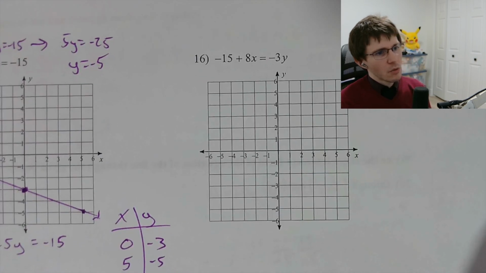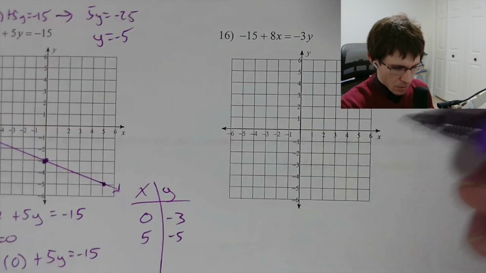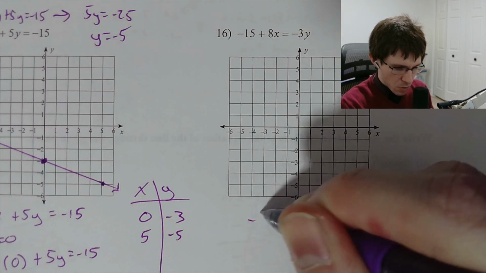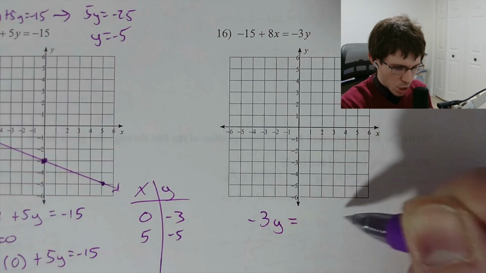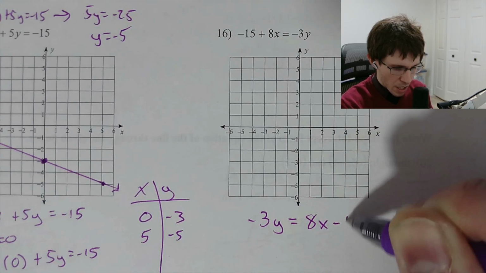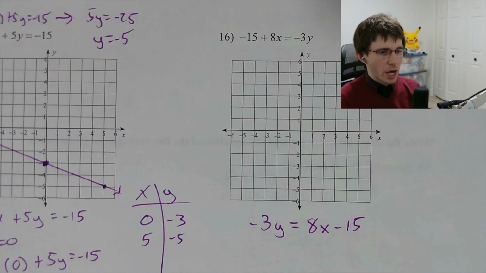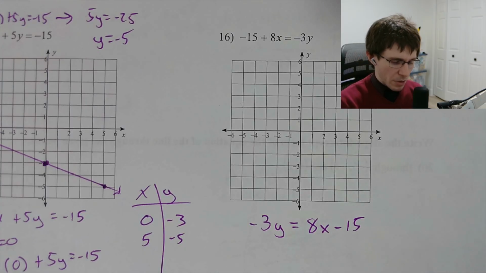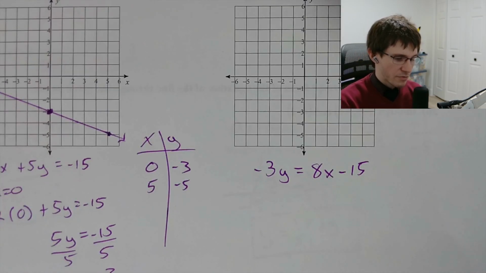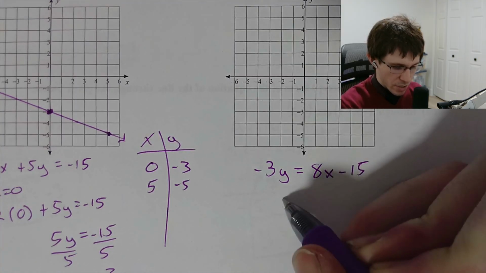Let's go back to doing it that y equals mx plus b way. So I'm going to go ahead and rewrite this one with the y on the left-hand side. I'm actually not changing any numbers or doing any math right now. I'm just rewriting it with the y on the left and the x on the right. So the negative 3y is on the left, and the 8x and 15 is on the right there. Now we're going to go ahead and divide everything by negative 3, just like we were doing on that previous page.